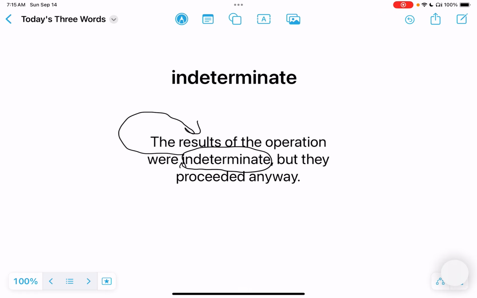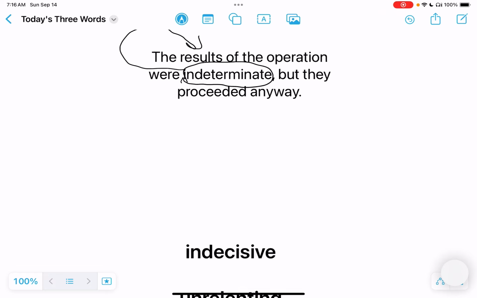So indeterminate, not precisely determined. Results of the operation, that's basically didn't give them a strong outcome, so they could go by those results for whatever they needed to do next. Anyway, that is indeterminate. Again, not precisely determined.